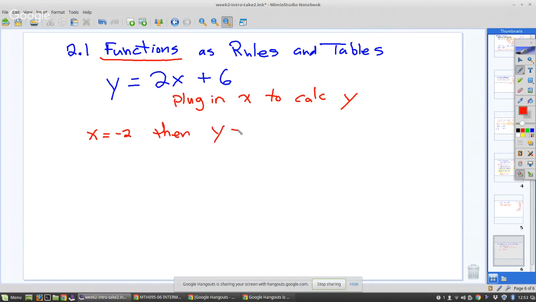Then y would have to be 2 times (-2), plus 6. Order of operations, multiplication first, that gives me -4 plus 6, which gives me +2. So if x is -2, then y equals +2.